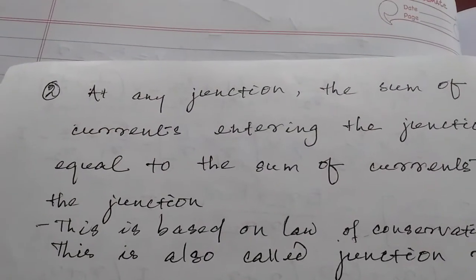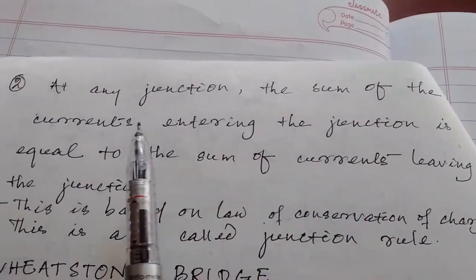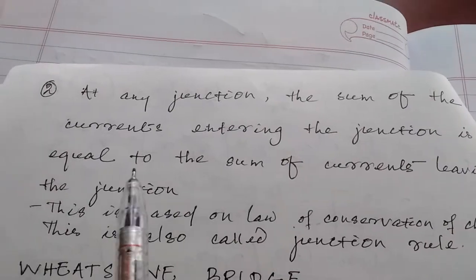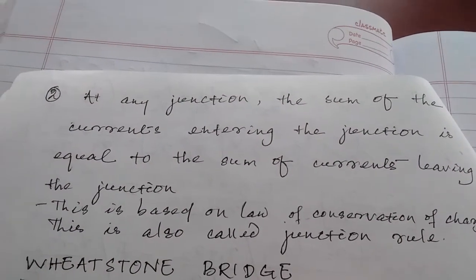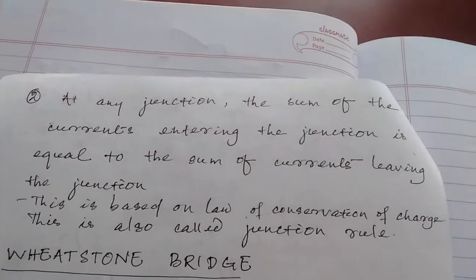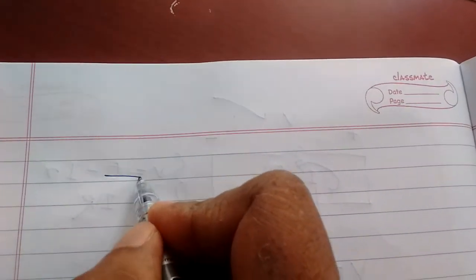Now this is the second law. At any junction, the sum of the currents entering the junction is equal to the sum of currents leaving the junction in a circuit. Okay. Now what the law says, again come to another circuit.